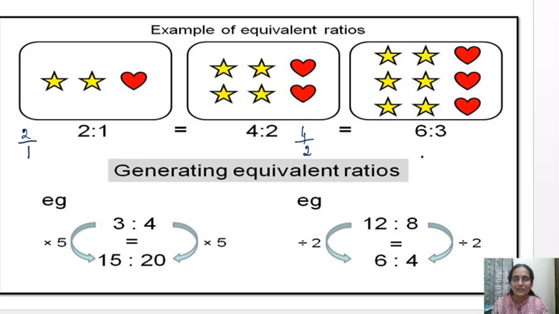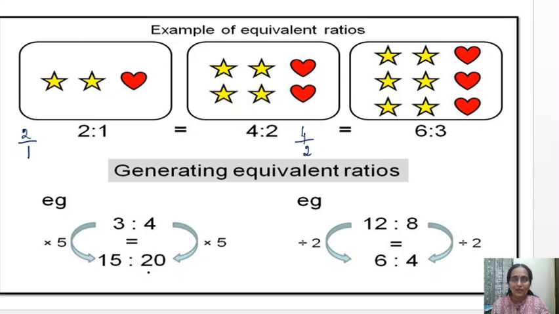You will get 6/3 by multiplying the numerator and denominator by 3. Similarly, you can generate equivalent ratios by multiplying or dividing the two terms of the ratio by the same number. In a ratio there are 2 terms, first term and second term.